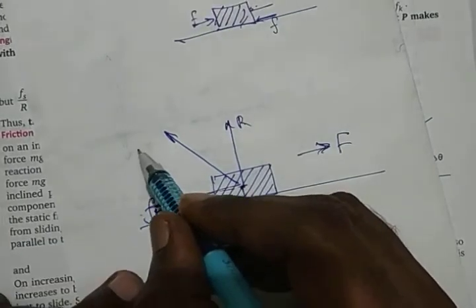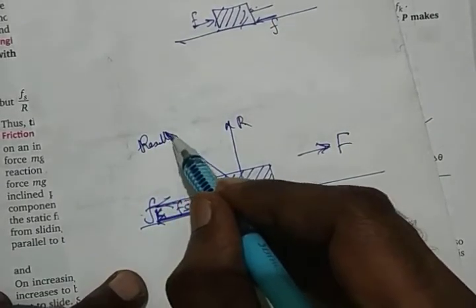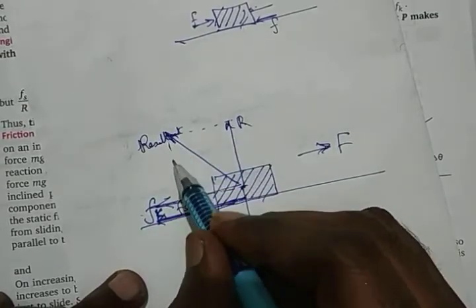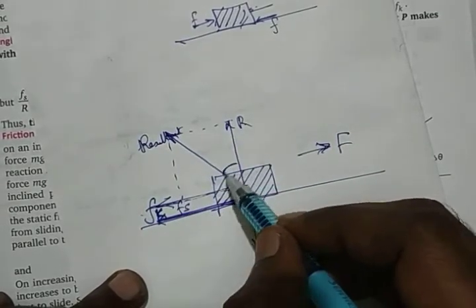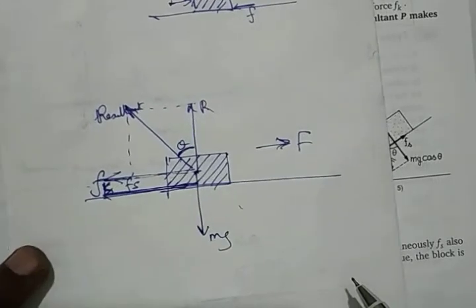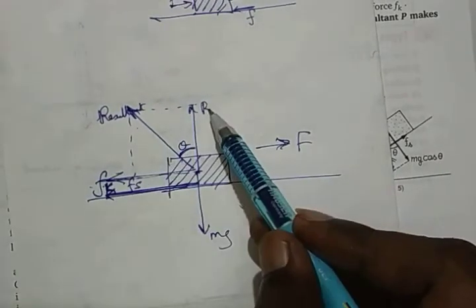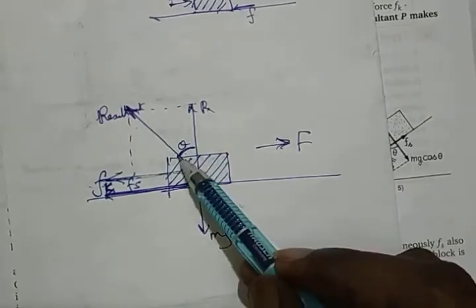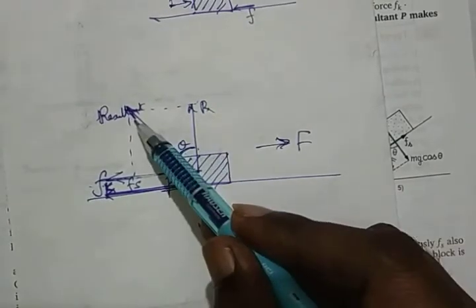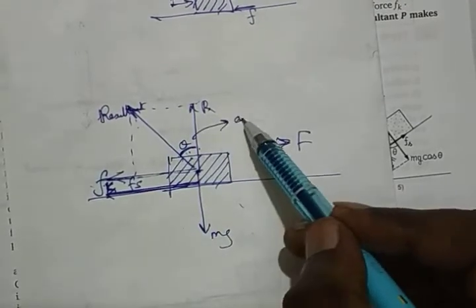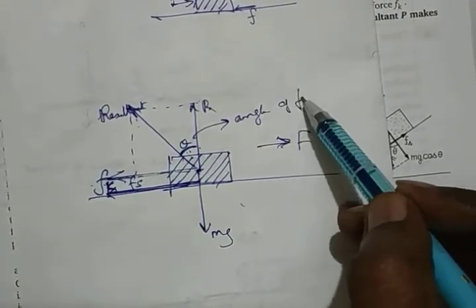This resultant has an angle here, theta. The resultant is between the frictional force and the normal reaction, and the angle between the normal reaction and the resultant is called the angle of friction.